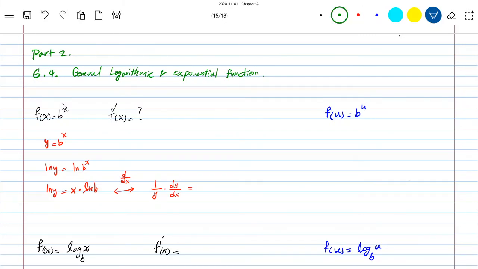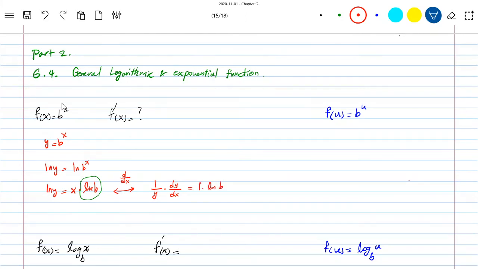Ln b is just a number. Log of b is a constant, so ln of a constant would be another constant, for example something like 2.3. So you have x times 2.3. The derivative would be simply the derivative of x, which is 1, times ln b. So what you get is simply 1 times ln b.